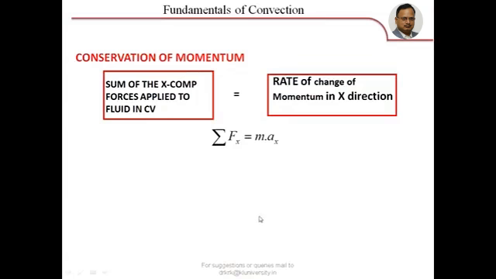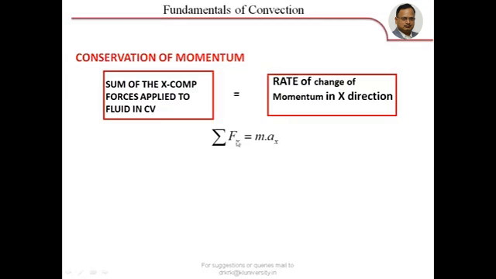Next, let us move to the conservation of momentum equation. We know as per Newton's second law, the net force acting on a body is equal to the rate of change of momentum, d(mv)/dt. The dv by dt is nothing but acceleration.